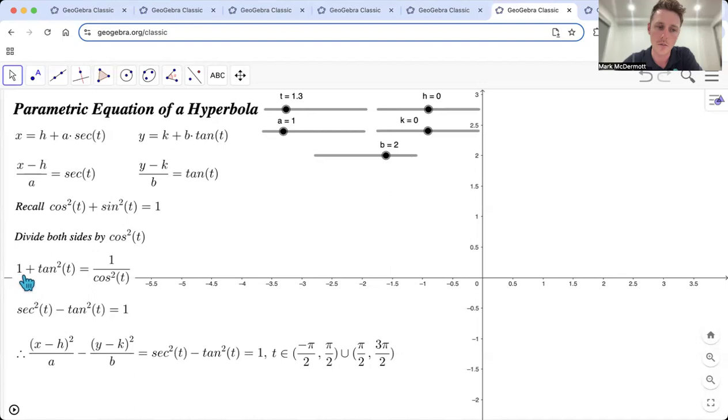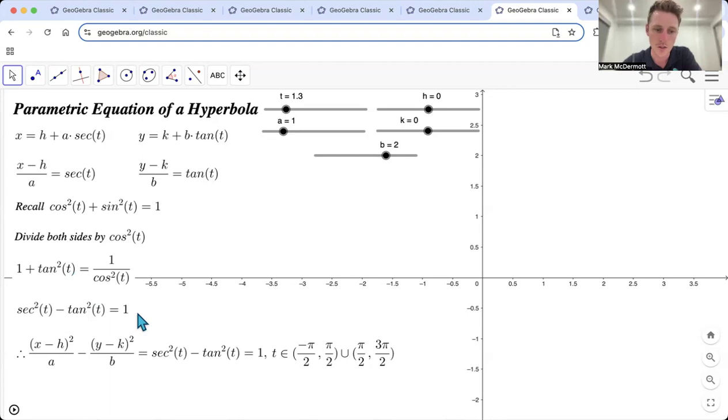So we get 1 plus tan squared t, because cos squared divided by cos squared is 1, sine squared divided by cos squared is tan squared, and then 1 divided by cos squared is just 1 on cos squared t. 1 on cos squared t is the same thing as the secant squared of t. So if we move the tan squared to the other side, we get secant squared of t minus tan squared of t equals 1.